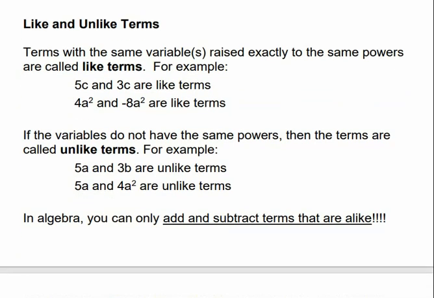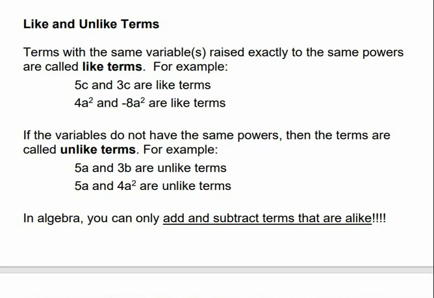Now, terms with the same variables raised to the same powers are called like terms. For example, 5c and 3c are like terms. 4a squared and negative 8a squared are like terms because they have the same variables raised to the same powers. If variables don't have the same powers, or if they're different variables, then they're unlike terms. 5a and 3b are unlike terms. 5a and 4a squared are unlike terms.